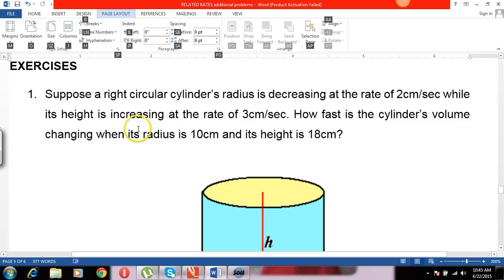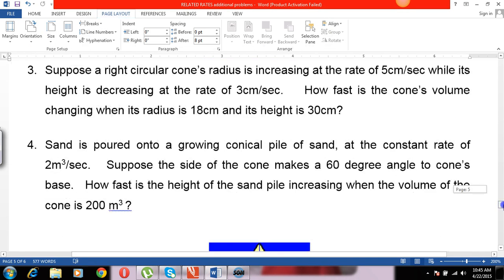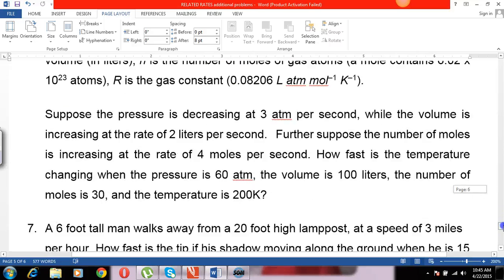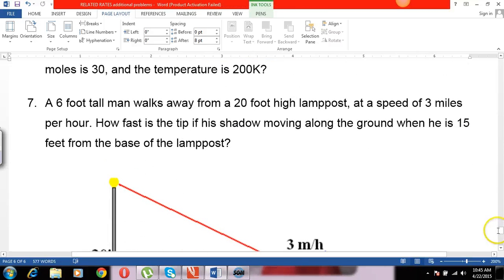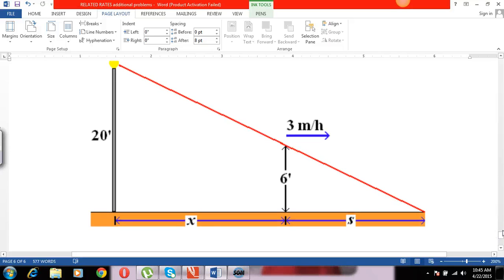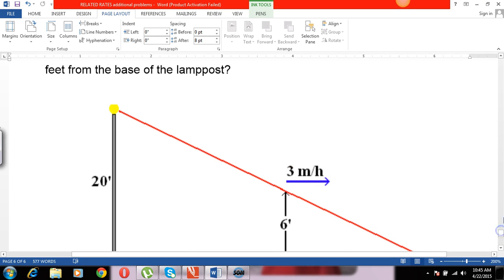Okay, look at these exercises. We have 7 exercises here, so you have to solve all of them. Then please submit next week Monday.